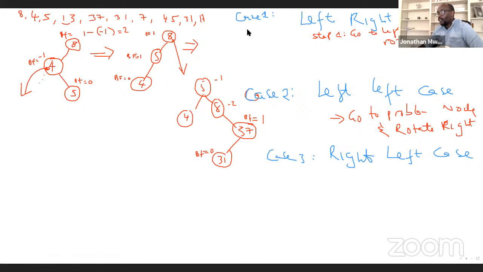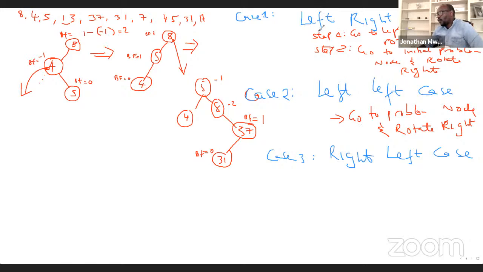Oh, by the way, I should have written here, I said step 1. Step 2 really is this now. Go to problem node, go to initial problem node. That's step 2.